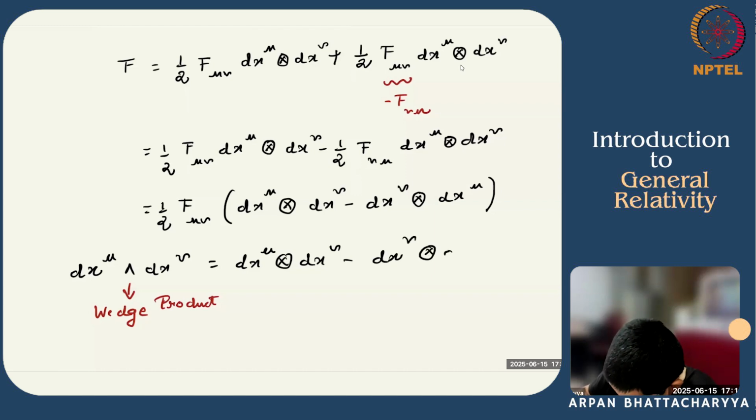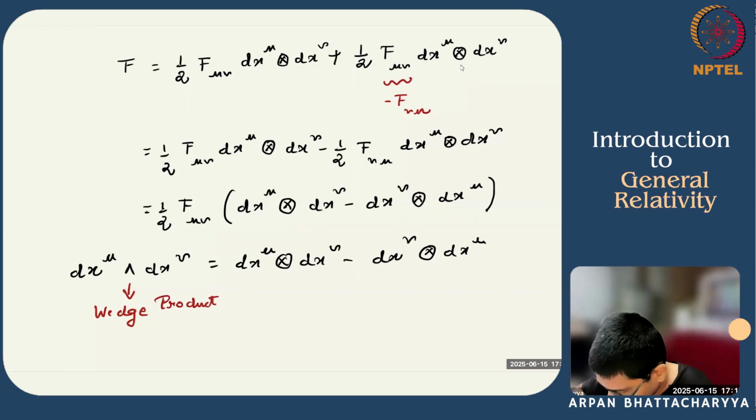Again, remember this is a tensor product, which means they are products. And you can see, because these are antisymmetric, when mu equals nu, it will vanish. And they form a basis for the antisymmetric tensors.